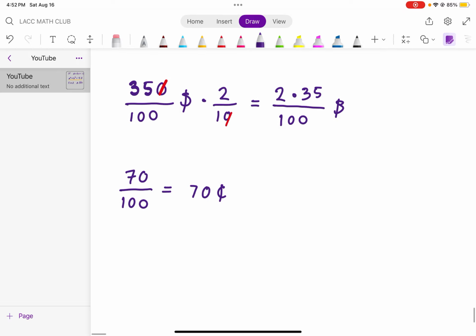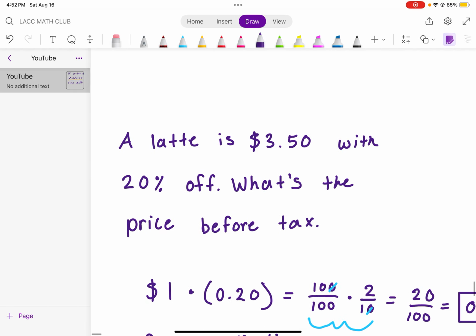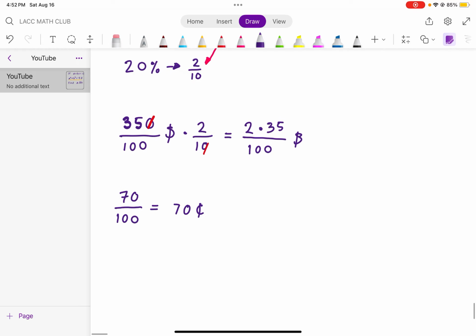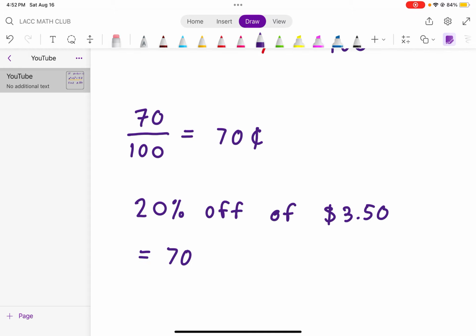Well, we found 20% off. How much that is? So 20% off of $3.50 is equal to 70 cents.